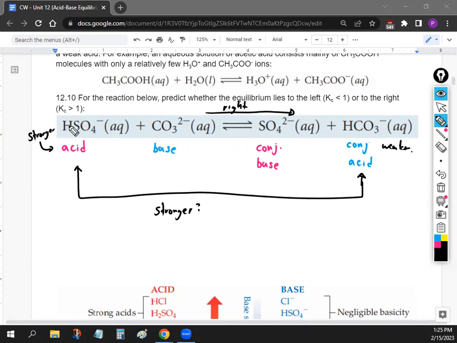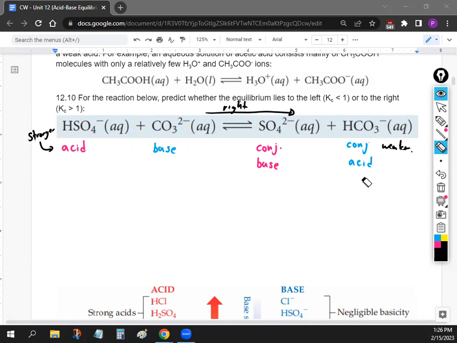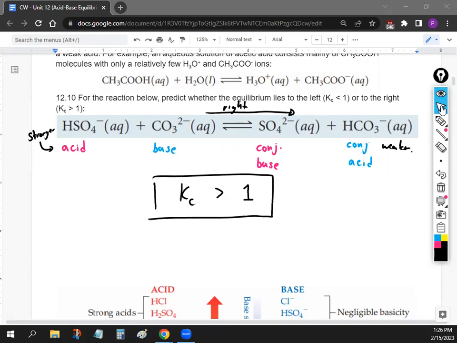This couple wants to break up more than this couple right here, so it's going to push that way. If equilibrium lies to the right, that means Kc is going to be greater than 1. And that will be your reasoning. If it lies to the left, that means Kc will be less than 1, so it'll be a decimal.